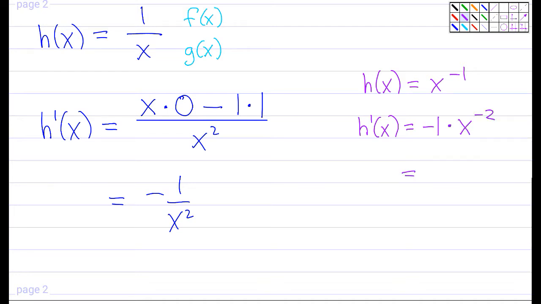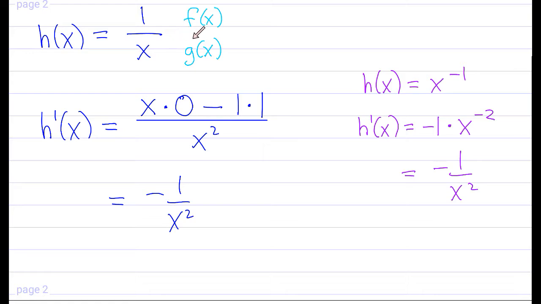Well, that's the same thing as minus 1 over x squared, which is in fact exactly what we got before. And as you get more comfortable with calculus and derivatives, you're going to find that if you see this, you really are going to want to think of it like this. This is the fastest way to get this particular derivative. We didn't really need the quotient rule.